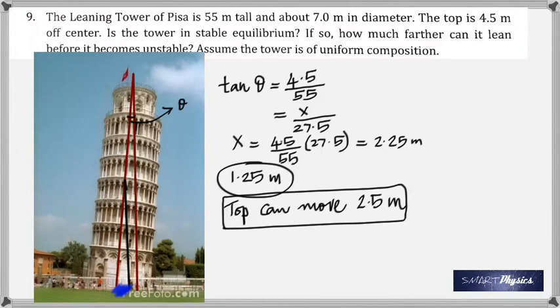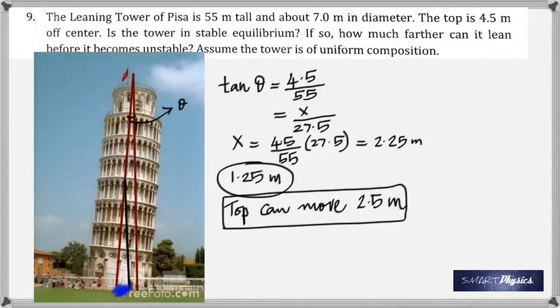You can even do it like this: these are 2 similar triangles, correct? So if you take the ratio of the corresponding sides, they must be equal. In the first one, the smaller one, I'm going to take x divided by 27.5. It's a half of 55. Should be equal to 4.5, because that's how much it can go, divided by 55.